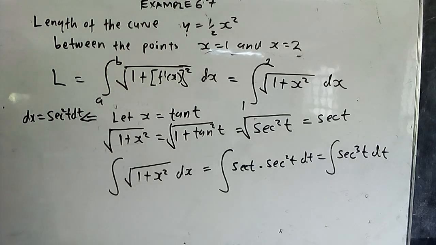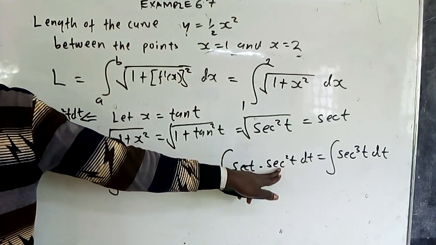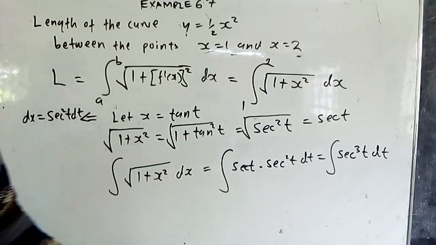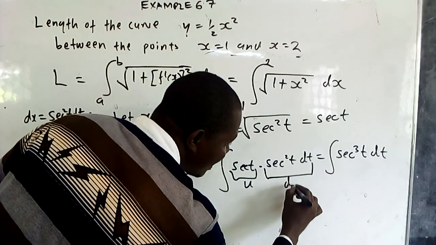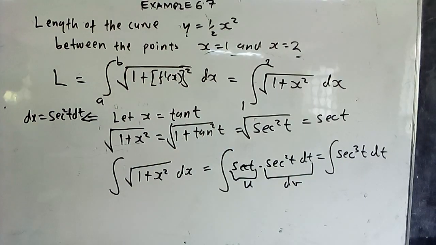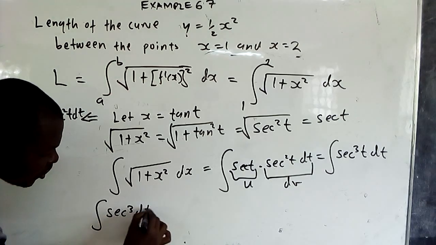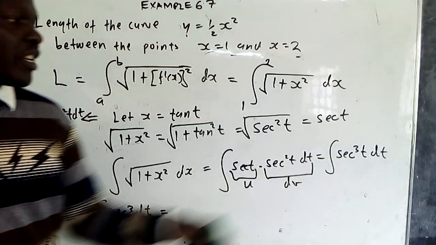Your u is the one which you can easily differentiate, so you can easily differentiate sec t, and you can easily integrate sec squared t. If you integrate sec squared t, you get tan t. So this is u and this is dv. We want to integrate sec cubed t.